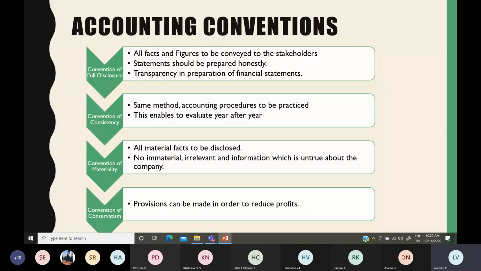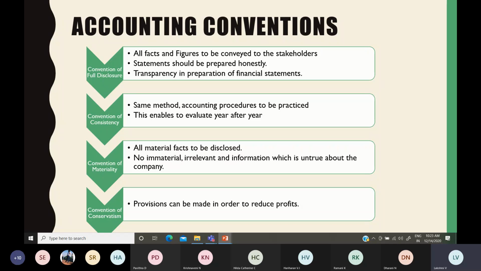Similarly, a business maintaining its accounts has to follow certain practices or rules. Then only can they make comparisons, go in a proper manner, verify and make analysis. Everything is possible only if they adopt certain guidelines in their business. So these are the accounting concepts and conventions.